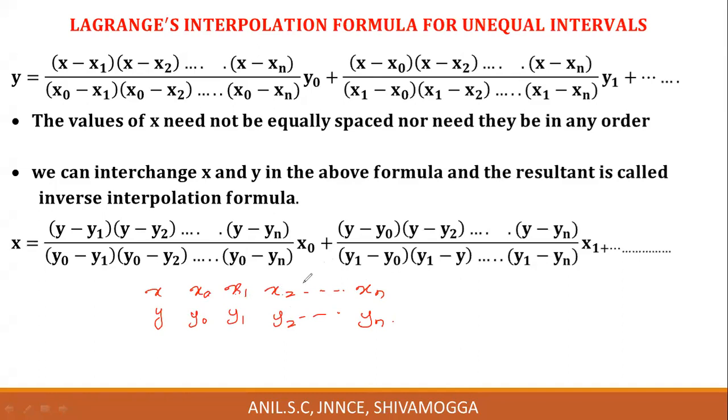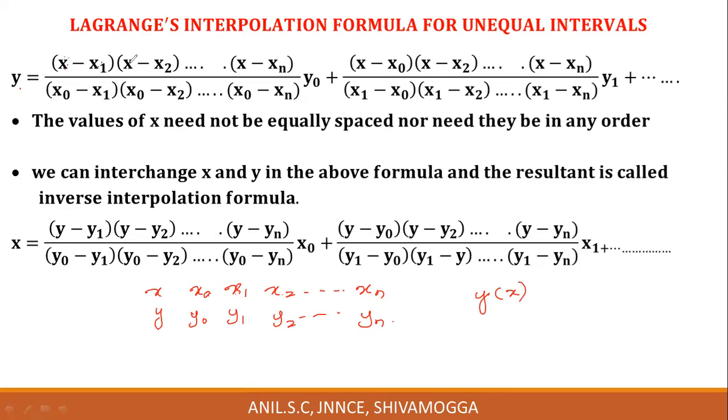Here, x need not be equally spaced. It may take any values. You will be asked to find the value of y for a given value of x. And the formula is like this. Y is equal to, in the first term, x0 will not appear in the numerator. x minus x1, x minus x2, and so on, x minus xn, where x is the value at which y is to be determined.